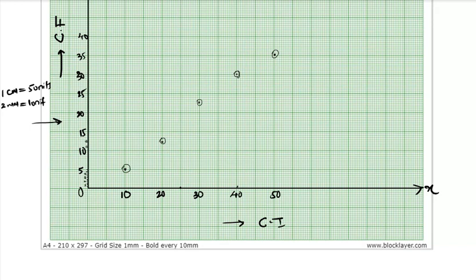Now, our first point is 10, 5. We have to ensure that the ogive starts from the base, that is the x-axis. It cannot be in air. Its feet should be on the ground. That means we have to connect it with the lower limit of that particular class. The first class lower limit is 0.